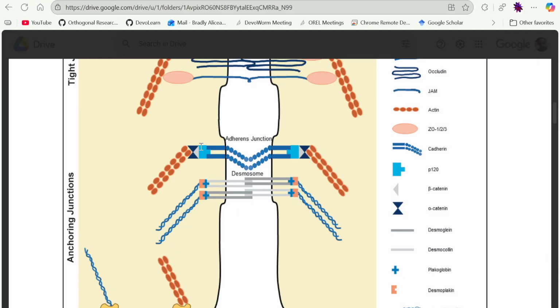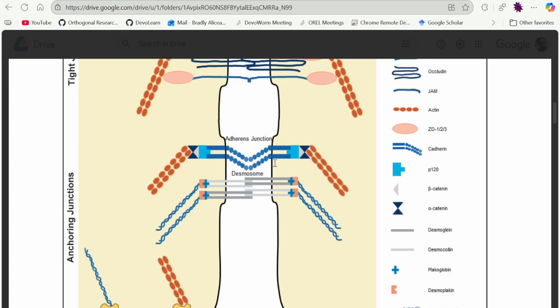The adherens junction again has actin on either side, an alpha catenin, and then on the outside of each one of those, you have a p120 molecule on the junction side, and then you have these cadherins that meet in the intercellular space and form the adherens junction.